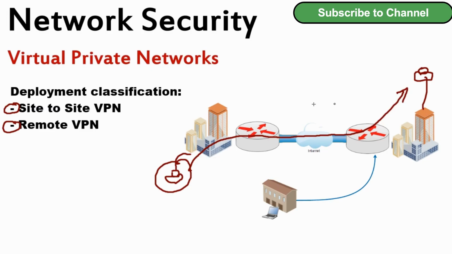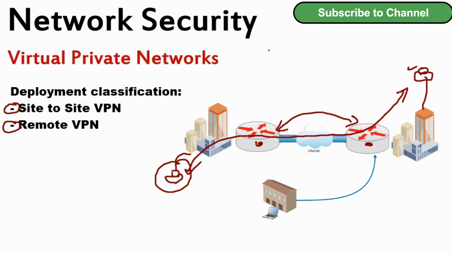To make it happen, we need a VPN connection established between these two sites, not between these two PCs, in most cases using a dedicated device. It can be a router, it can be a firewall, it can be a VPN server. In most cases you will have a dedicated device.